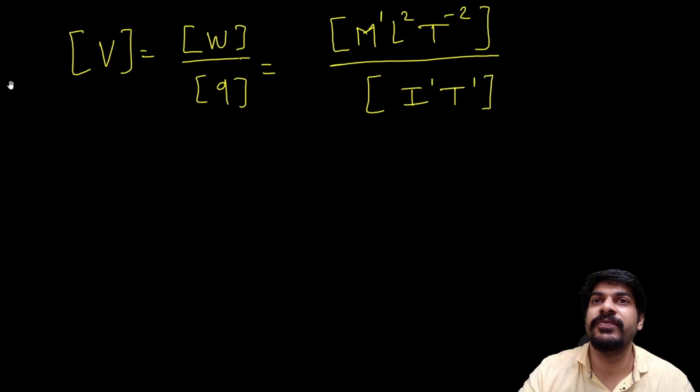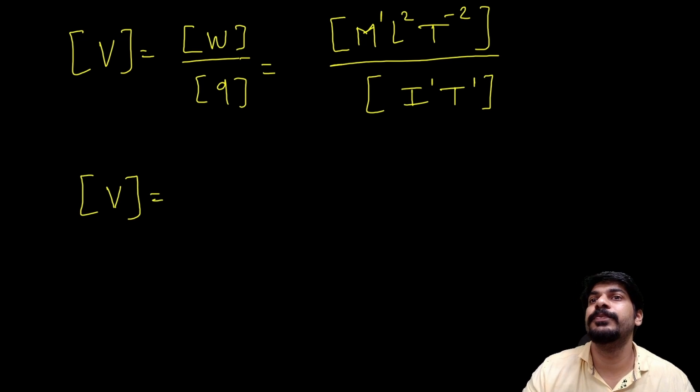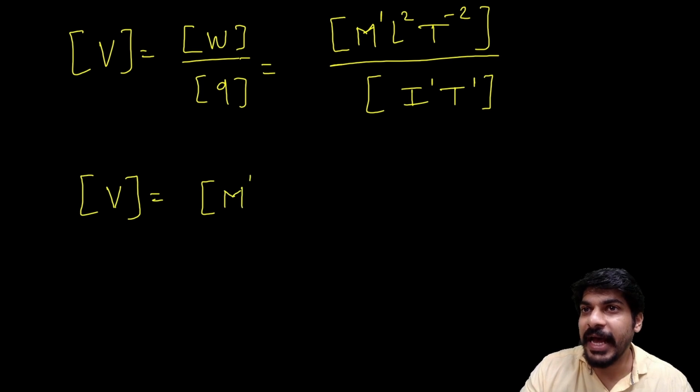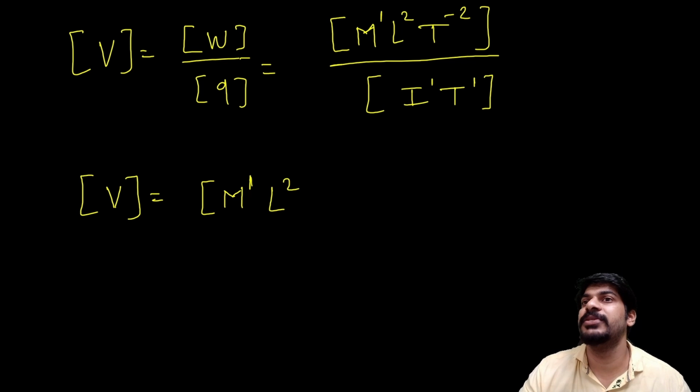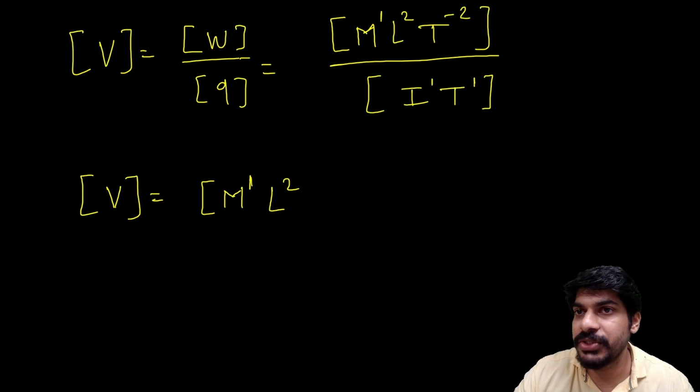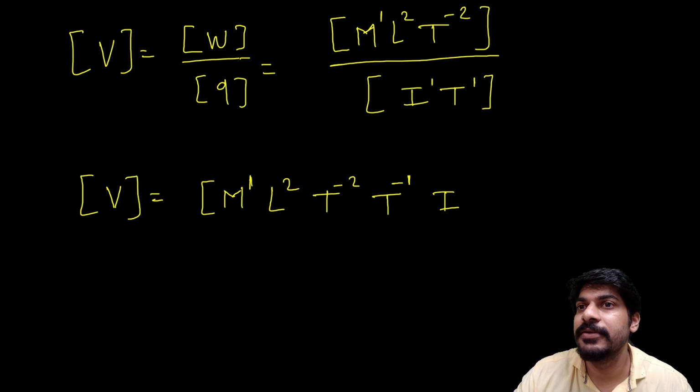Let's arrange everything properly and let's see what we get. So V is equal to M1 as it is, it does not cancel. L2 as it is, does not cancel. Then you can see this T raised to minus 2 and this T1 becomes minus 1, and this I becomes minus 1 here, right?